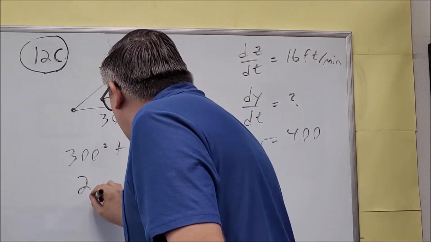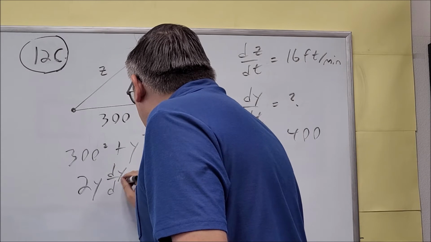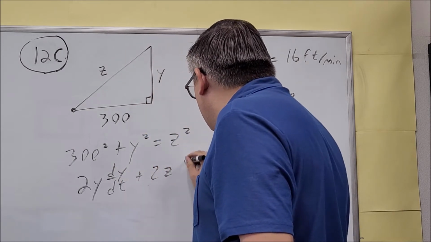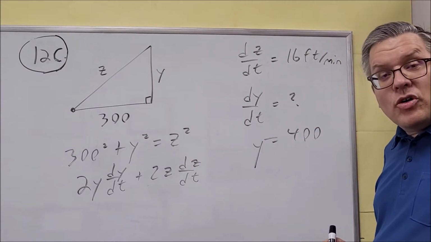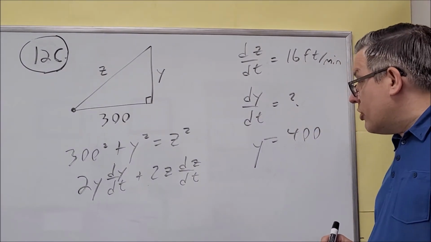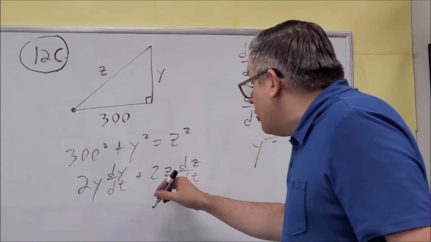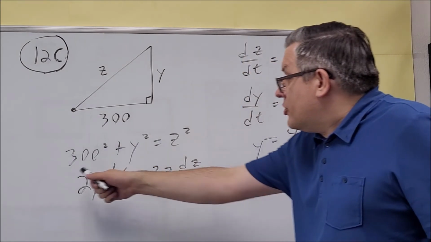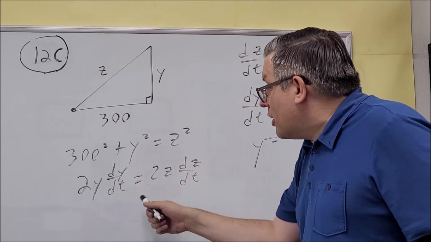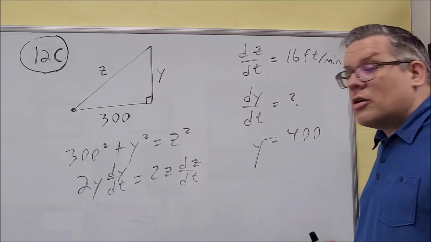But the other ones, you have 2y dy/dt plus 2z dz/dt. That's going to be the main formula that you're going to work with here. And of course, if you wanted to cancel out that one, you can. This will be an equal sign, not a plus. So we got 0 there for this one, and then you have equals, and then you have that part right there.